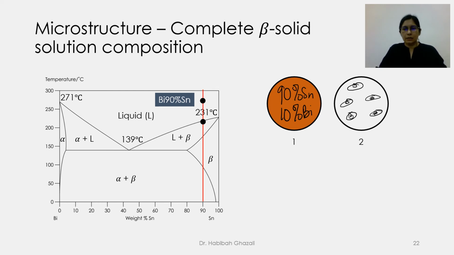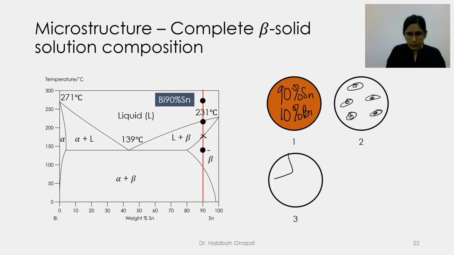And this crystal structure will grow bigger and bigger. As soon as it touches the solidus line, everything will transform into beta solid solution. At this point here, the microstructure will consist only of beta solid solution.